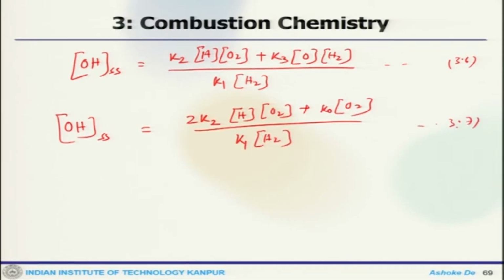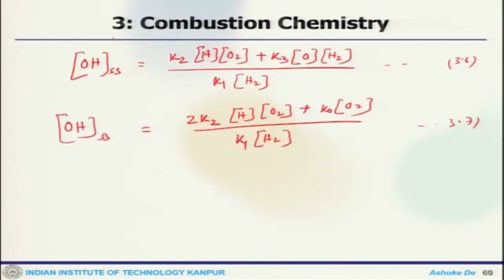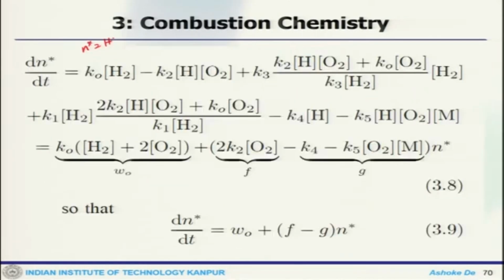Now, we substitute the steady state value of OH and O radicals in the rate equation of the free radical density. That means d n star by dt, where n star is essentially H, which we have already looked at. So, the free radical density, if we write, will be K0 H2, K2 H2 and K3.